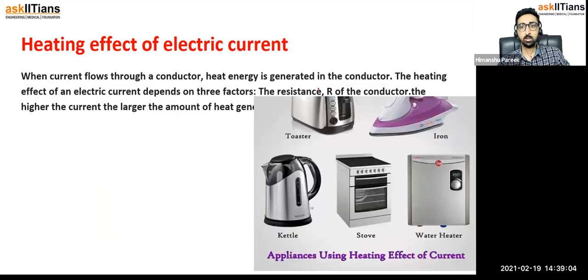So the story starts from here. Basically, we have seen that whenever current flows, the reason behind it is the battery. There is a battery, there is a resistor, and we have the connecting wires. In those connecting wires, the charged particles are present.